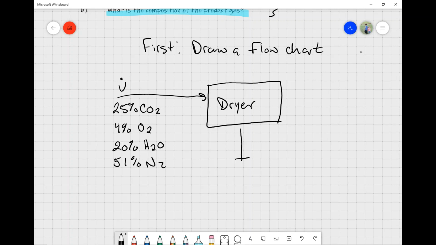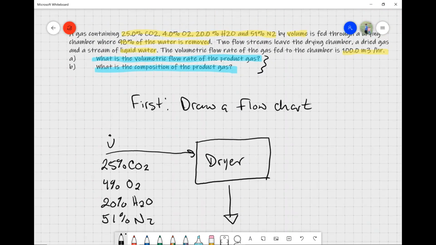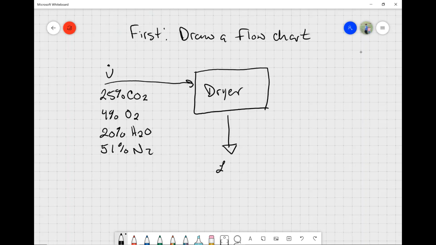We have a liquid stream of water, and then we have this output gas, and the V is what?